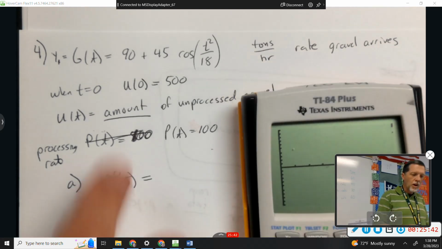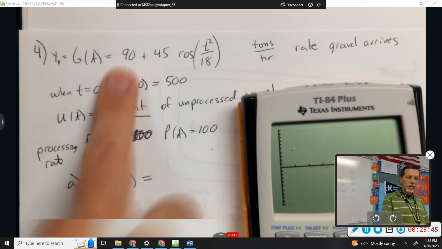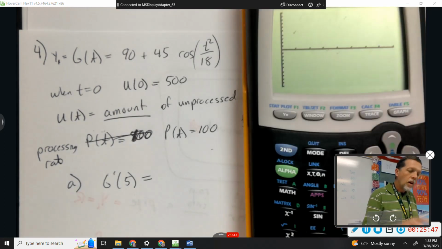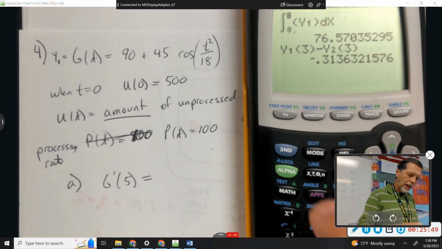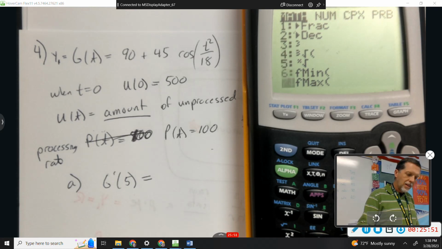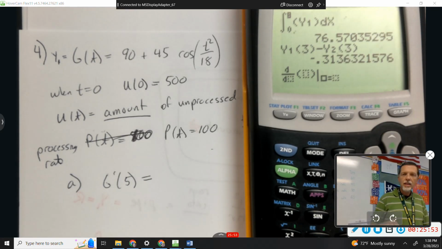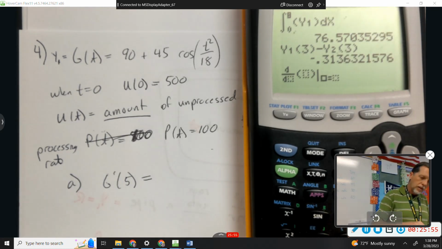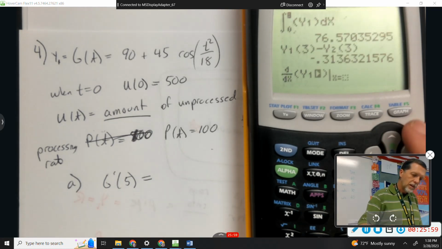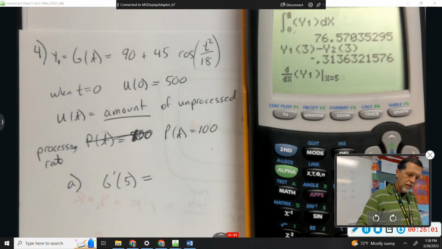Oh, it's not there, but that's because I'm supposed to be up around 90 and 45. Or, if I don't want to mess with that, I can do math 8. It's not 9, but 8. d/dx of Y1 at 5.